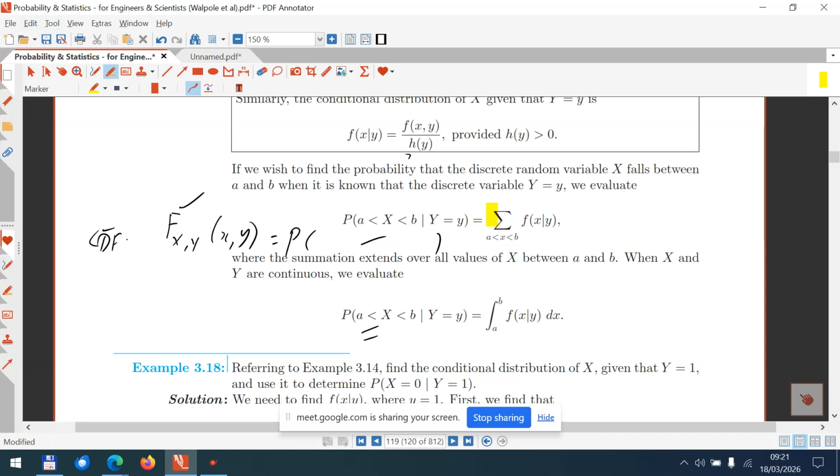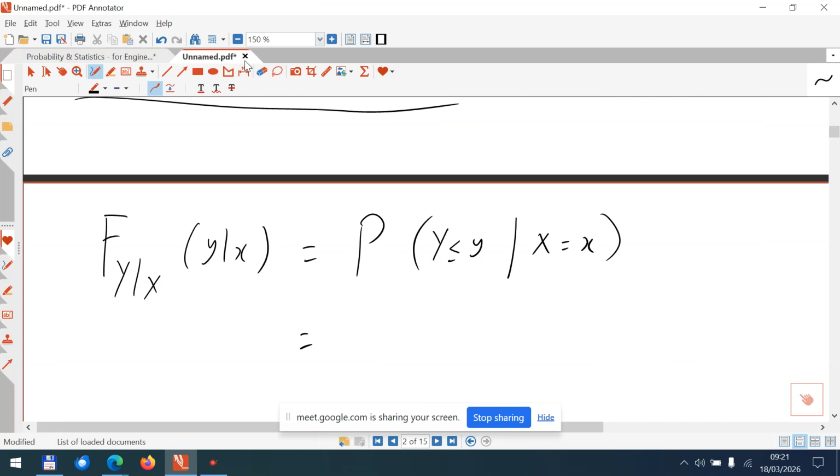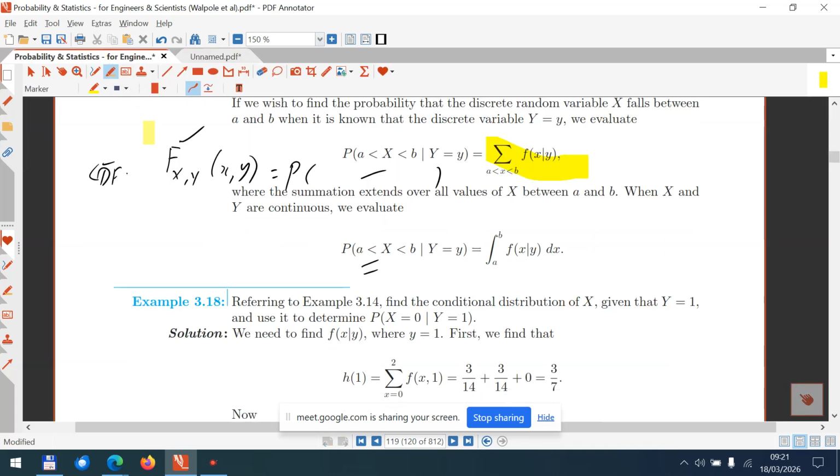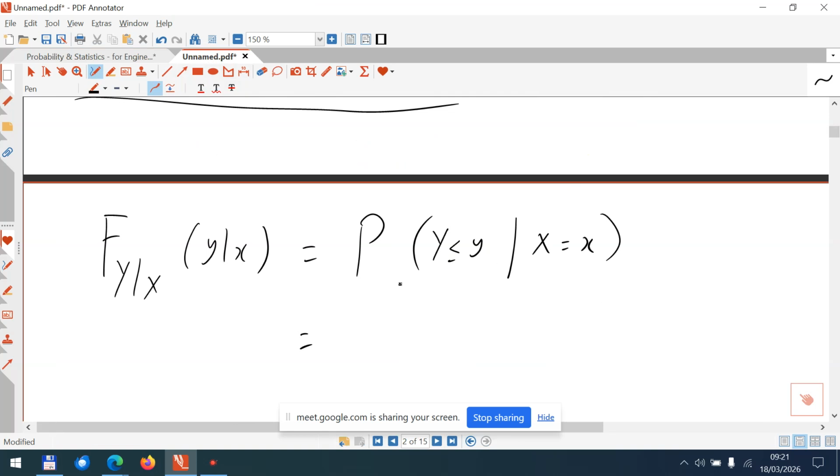Here we have x, and I actually wrote it the other way around. I wrote y.